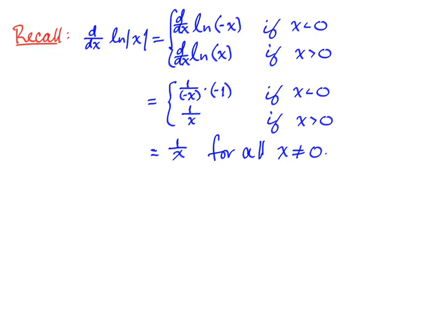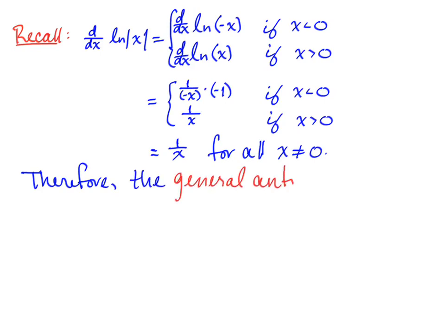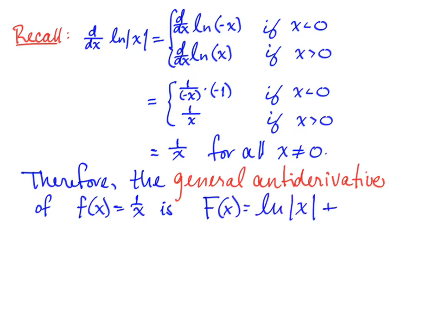That means that the general antiderivative of the reciprocal function, f of x equals 1 over x, has to be big F of x equals the natural log of the absolute value of x plus an arbitrary constant.